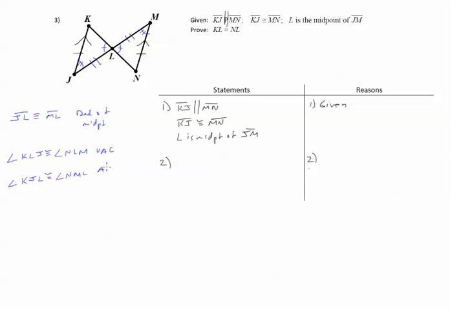And that would be because they are alternate interior angles. And alternate interior angles are congruent, if those lines are parallel, obviously. You could also say alternate interior angle theorem.